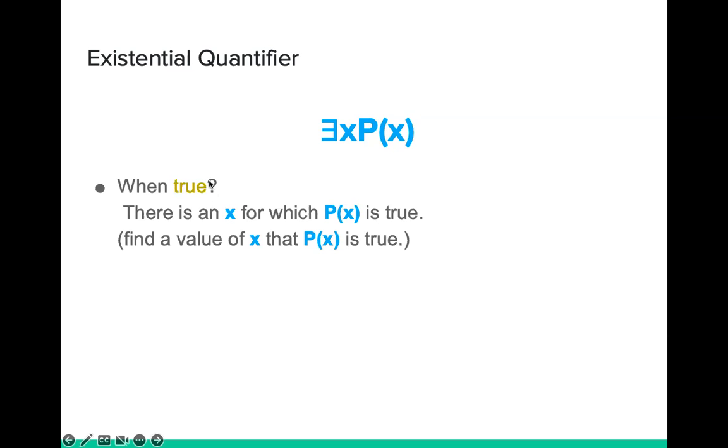So we have this existential quantifier, ∃x P(x), such that x is in D. We can say that it is true if we can find at least one value of x that will make this predicate P(x) true. And it will be false if we replace x with all elements in the domain and P(x) is false for every one.